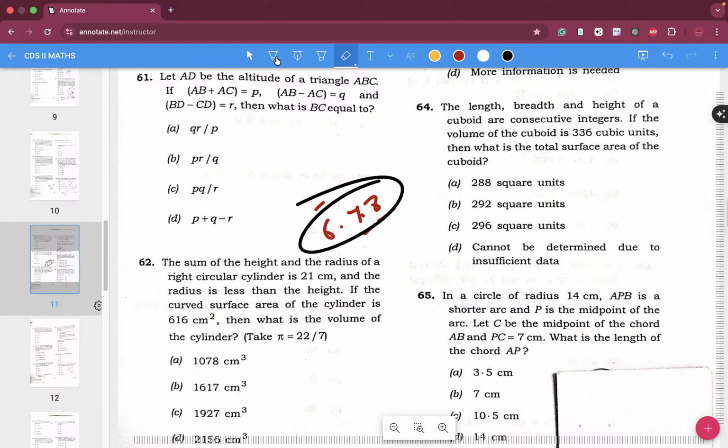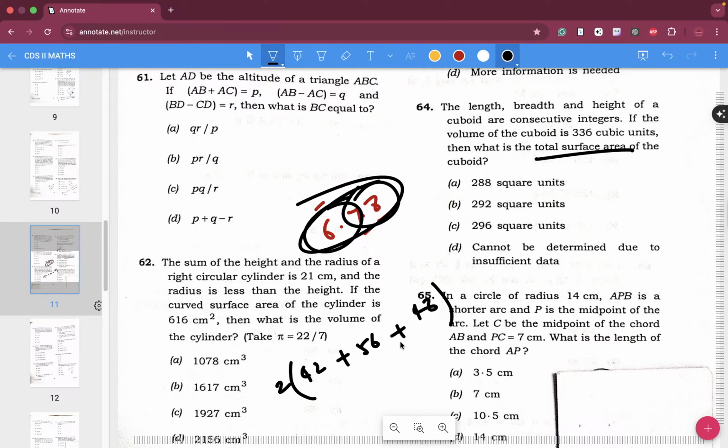Now you have to find the total surface area. 2 into (LB 42 plus BH 56 plus 48). Which means how much? 42 plus 56 is 98, plus 48 is 146. 146 into 2 is 292.